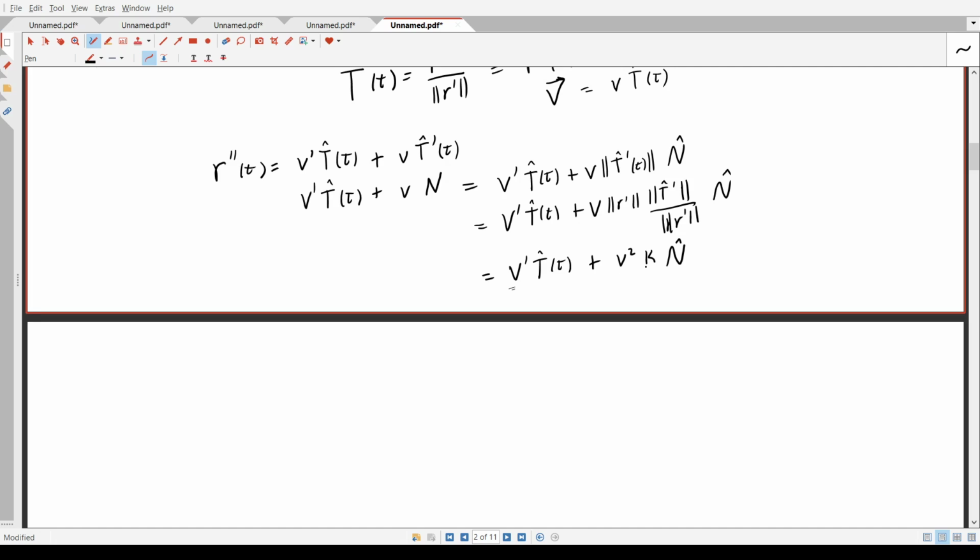So one more interesting thing about this is this term right here. If we recall our interpretation of the curvature, if I have some curve, the curvature at a point, if I find a circle that best fits the curve, the curvature is going to be 1 over the radius.